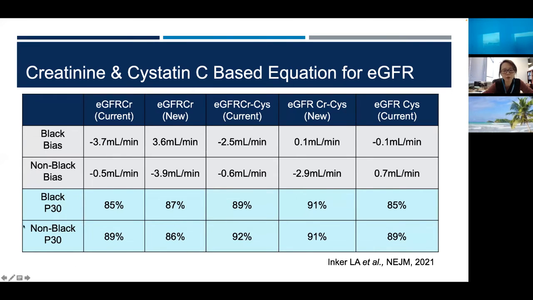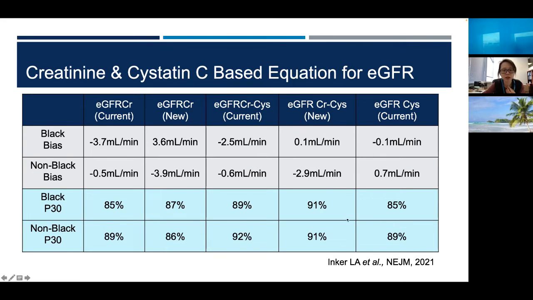And then the bottom part of the table looks at the P30 for each of the equations. The P30 really refers to the percentage of patients whose eGFR is within 30% of the measured GFR. And you can see that the bias is minimal in Black and non-Black patients when they use their new eGFR equation, a combination of creatinine and cystatin in the calculation.